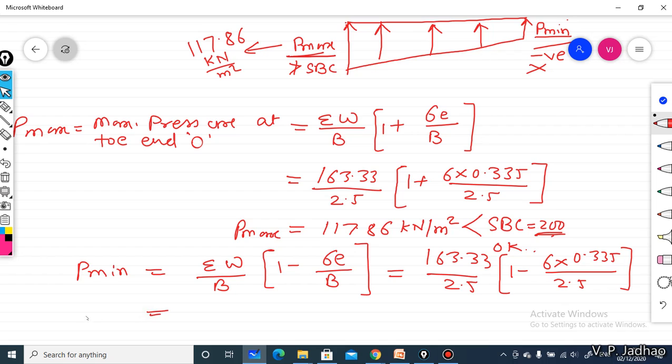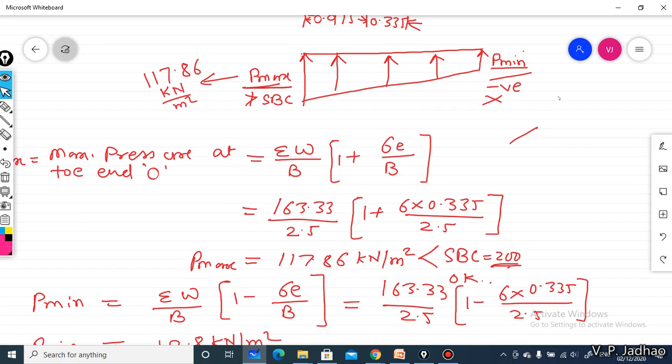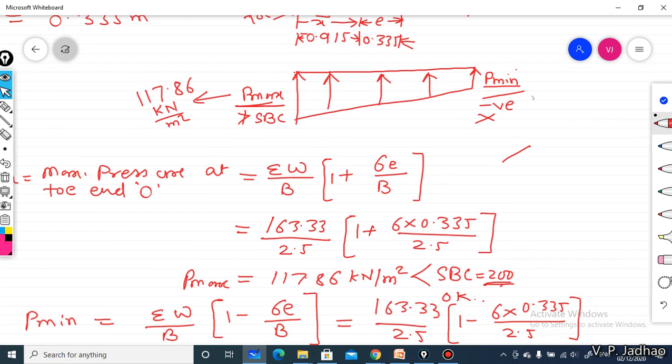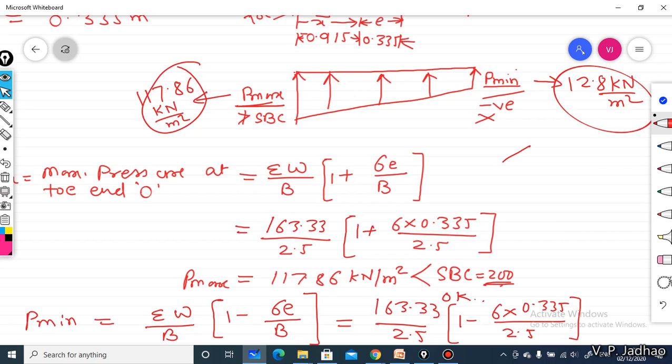So this P minimum, or minimum pressure at the heel end, comes out to be 12.8 kilonewton per meter square. So P max is 117.86 and P minimum is 12.8 kilonewton per meter square.